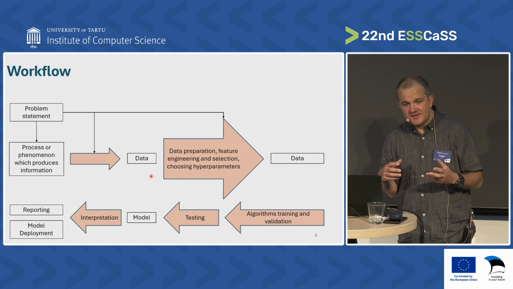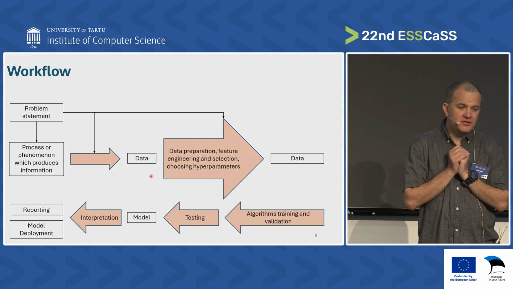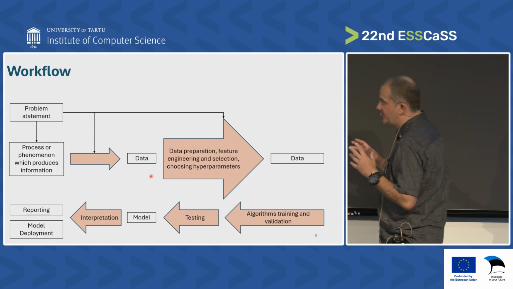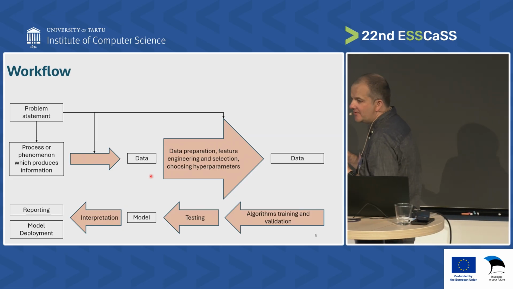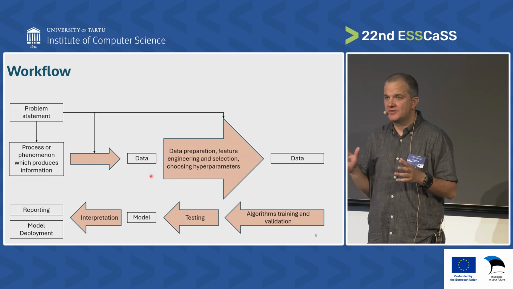But what happens is that if this part is done, you usually end up with data which is sufficiently good in order to train and validate the algorithms which we use.